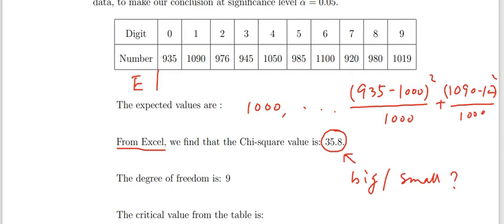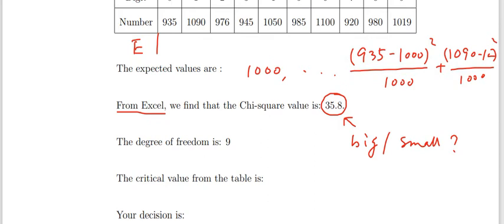How can we find whether it is a big number or a small number? We just check a chi-square table and find the critical value.